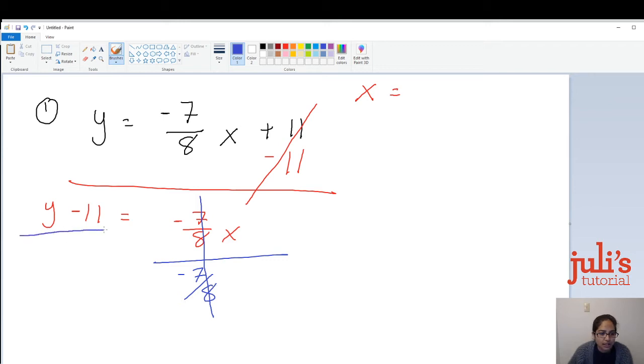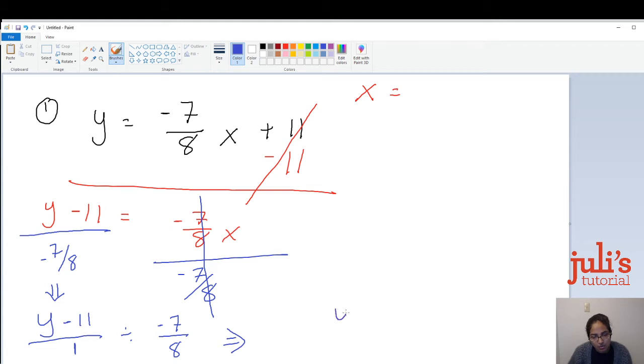That means we're also dividing this by negative 7 over 8, which turns into y minus 11 over 1 divided by negative 7 over 8, which is y minus 11 over 1 times negative 8 over 7.